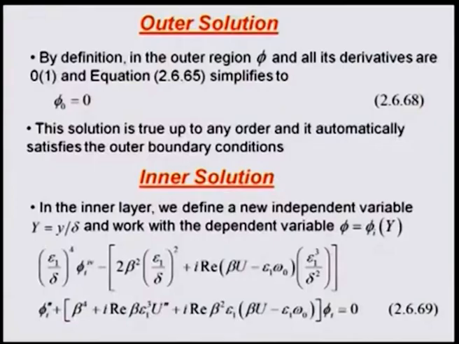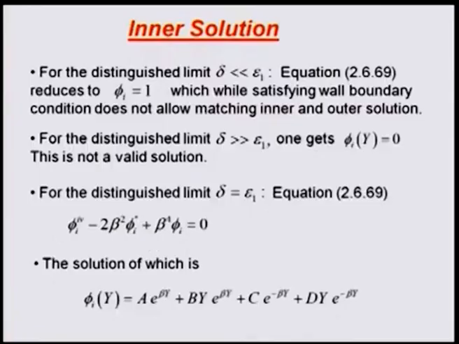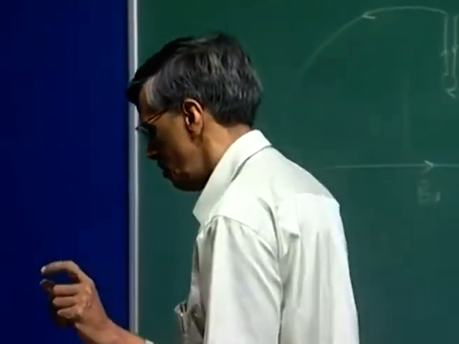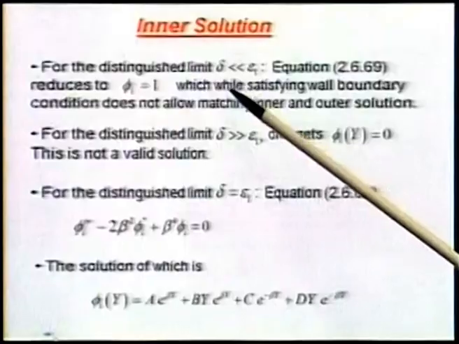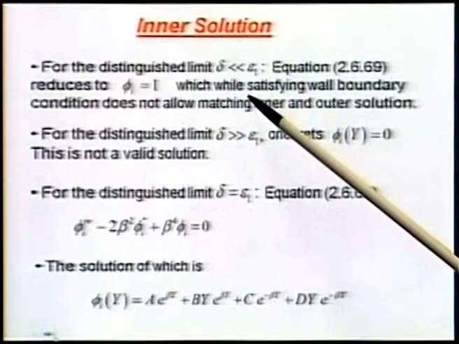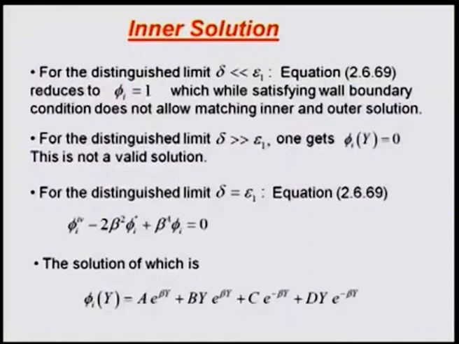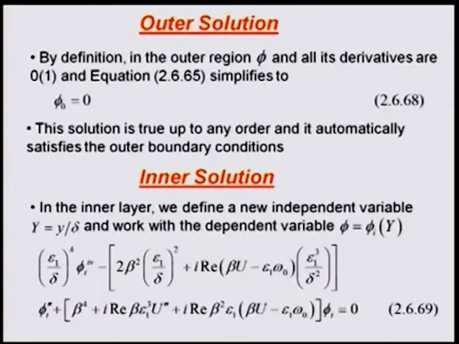For example, we can think of a very general characterization, that let's say this boundary layer thickness of this Orr-Sommerfeld equation, delta, is very much smaller compared to epsilon 1. If I do that, then immediately I can see what happens. If you just look back at the previous slide, you will see what we are talking about. If delta is very small compared to epsilon, then what happens?